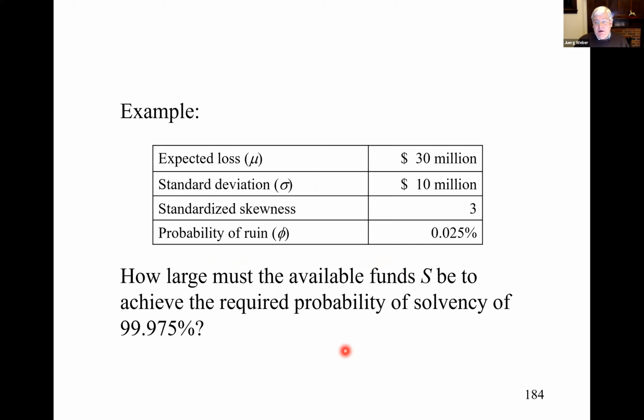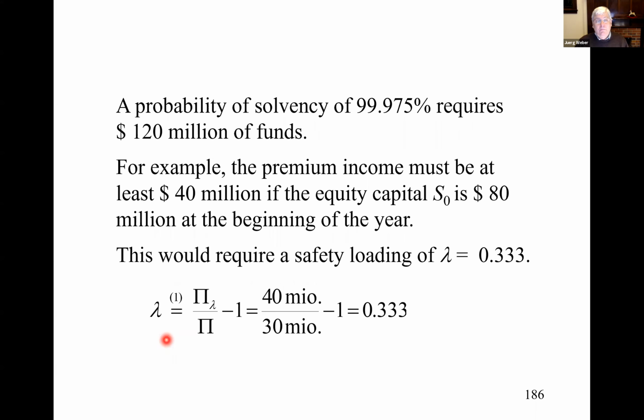Then the tail will be this or less. And the probability of solvency will be very, very high. So a probability of solvency of 99.975% requires $120 million of funds.